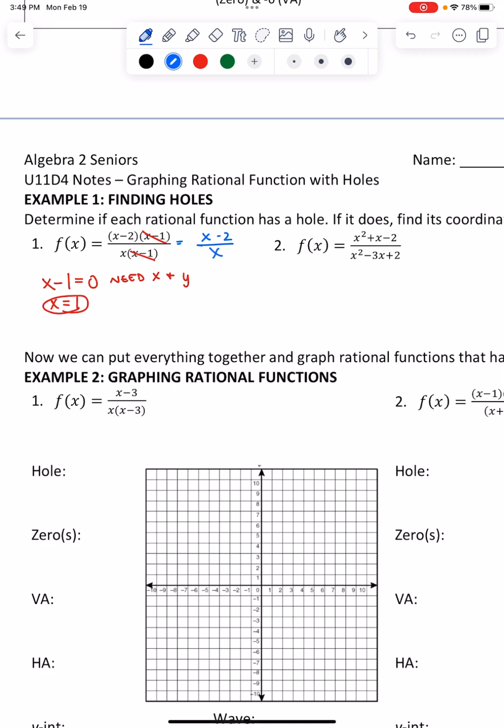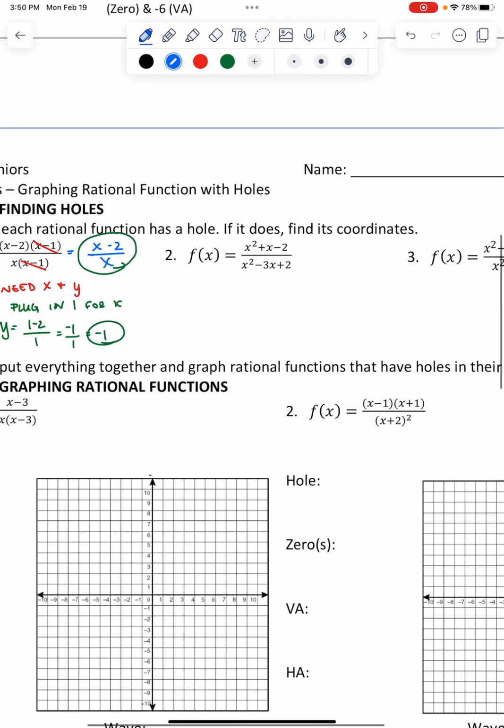To find the y value, we plug in our x value into what's left. So y equals 1 minus 2 over 1, which would be negative 1 over 1, which is negative 1. So the hole on this graph is going to be located at the point 1 comma negative 1. That's the new addition to what we're finding.